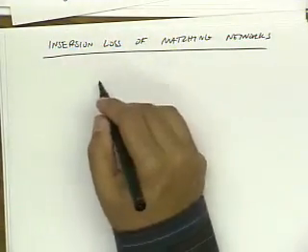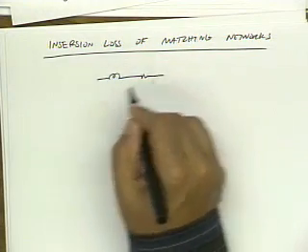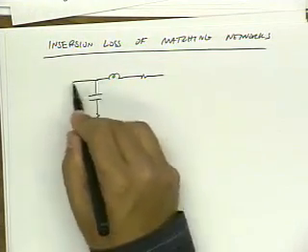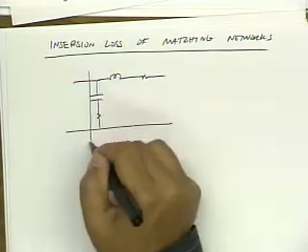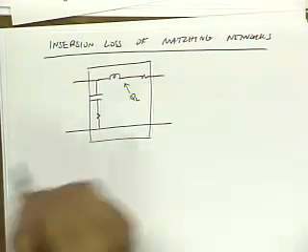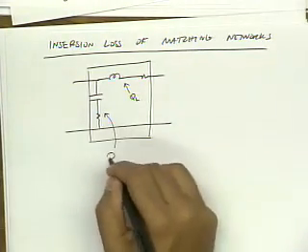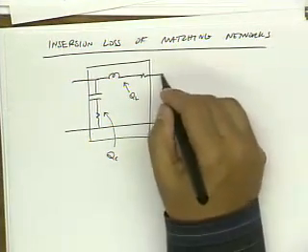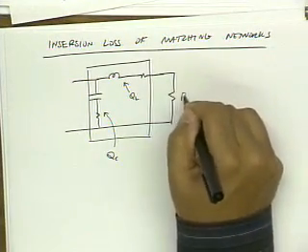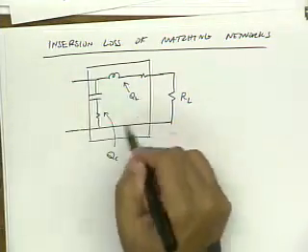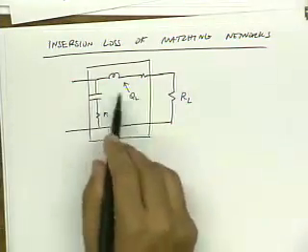But in reality, whenever I buy an inductor or build an inductor, it has finite Q. Let's call this QL and this QC. This is the quality factor of the inductor, this is the quality factor of the capacitor. And the question is, how bad is this? How much loss do I have as a result of putting it in?